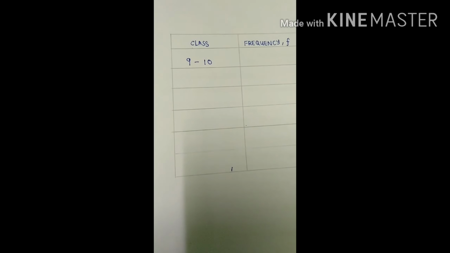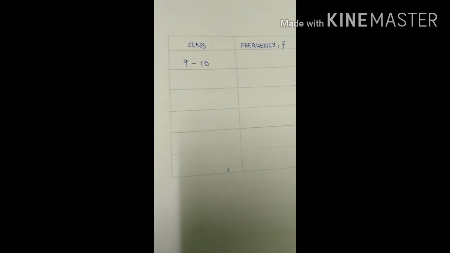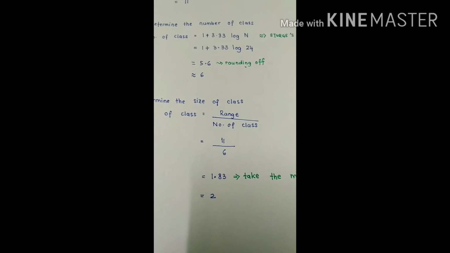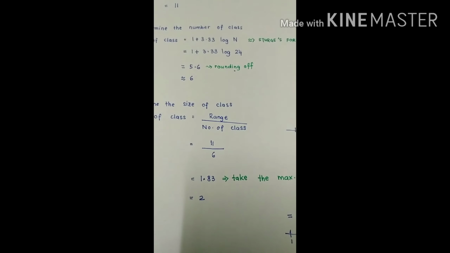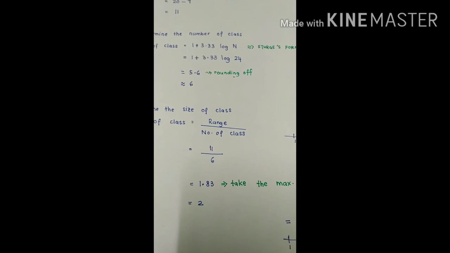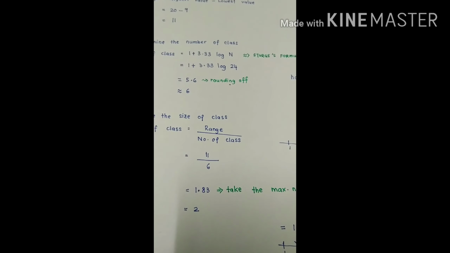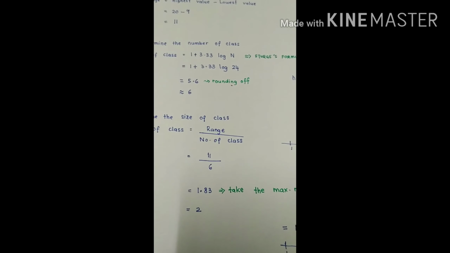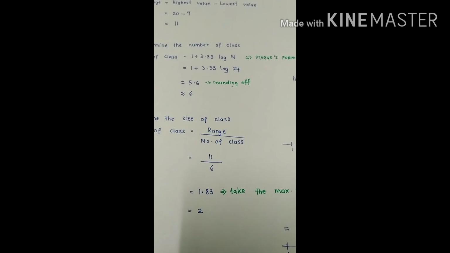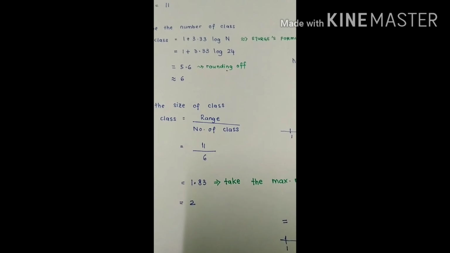Or if you want to use the calculator, for example, our size of class here is 2, just a small number, so we can use our fingers to know the highest value of our class. Let's say if our size of class is 50, it is easier for us to calculate by using a calculator.